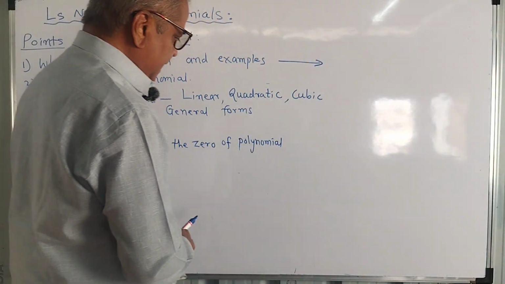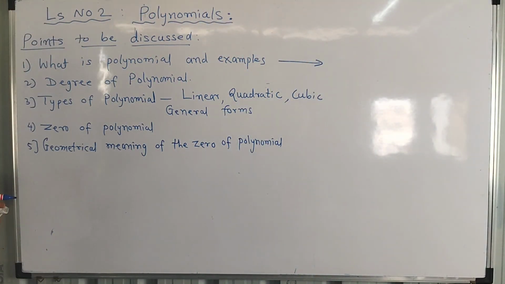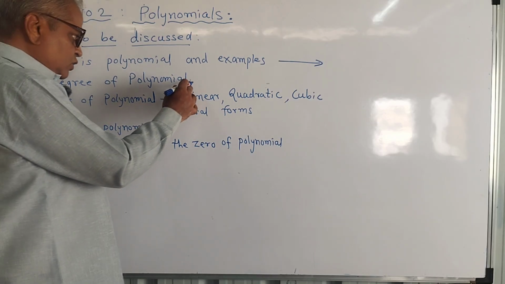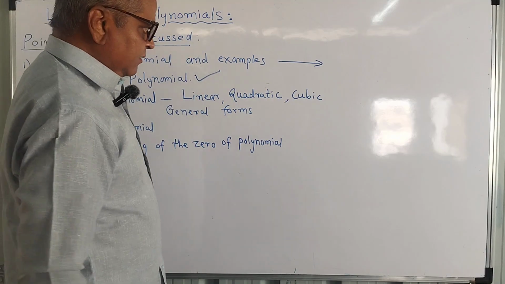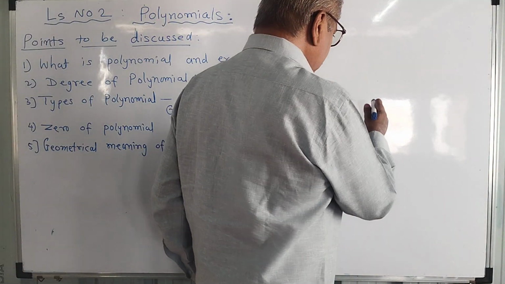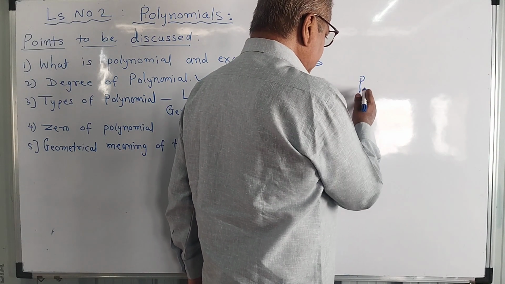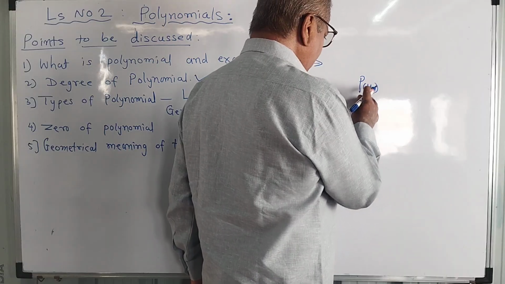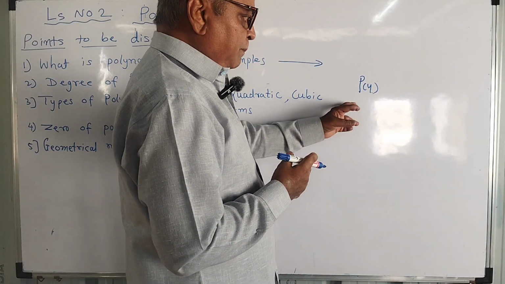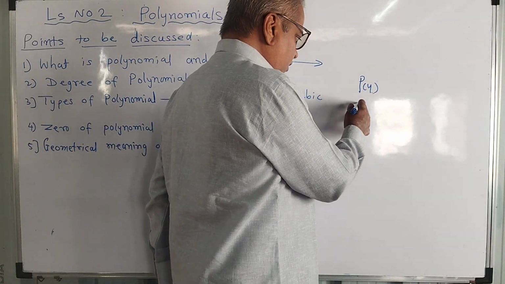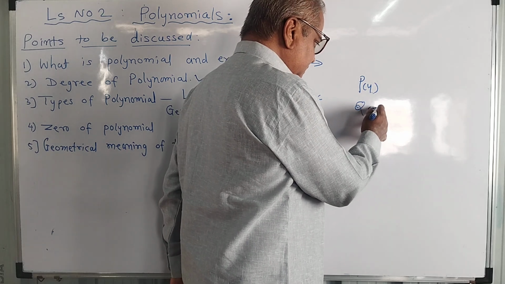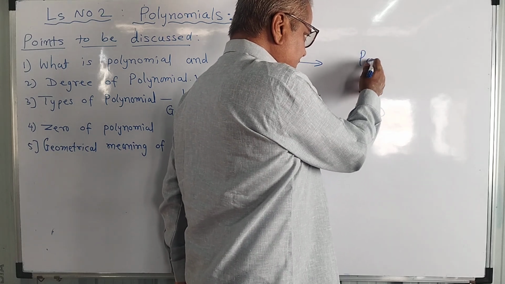Now, what is the degree of a polynomial? The highest power of the variable in the polynomial is called the degree of the polynomial. Actually, this is also something we have learnt in standard 9th. Again, we will revise. Suppose p of y, q of y असे नाव दिलं जातं पॉलिनॉमियलला. q of y, r of x, q of x, p of x, like this.